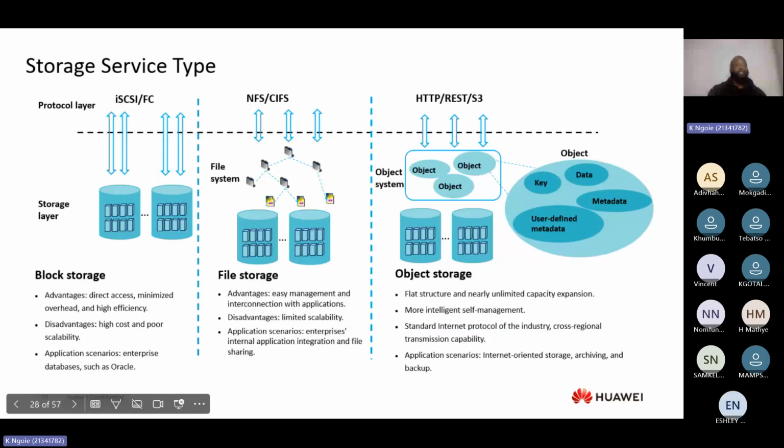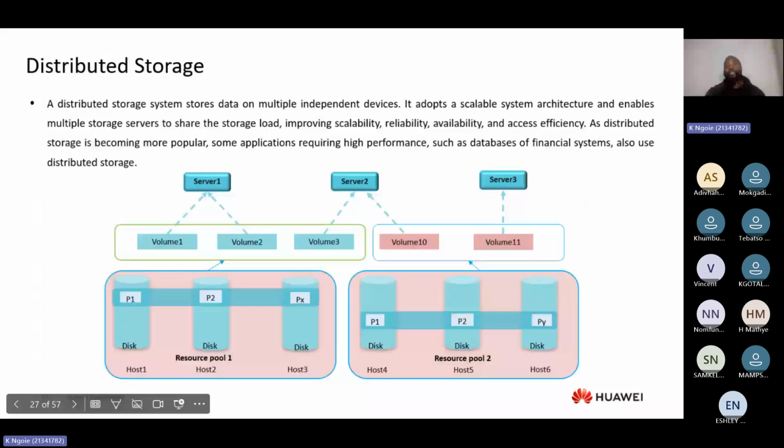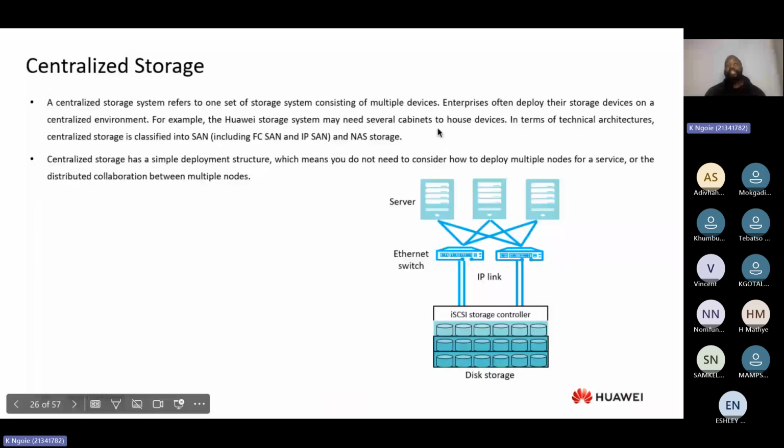So when we're talking about centralized storage, we are talking about a centralized storage system. What we mean by that is we have a single storage system which will be composed of multiple storage devices which are kept in a centralized environment.